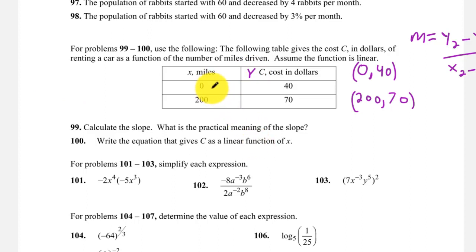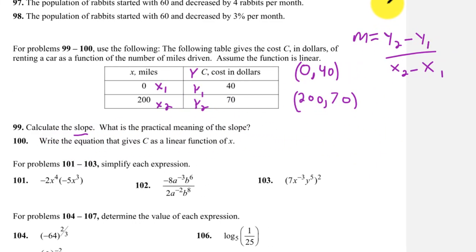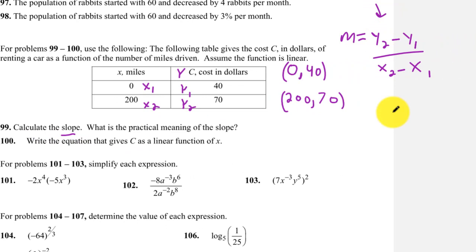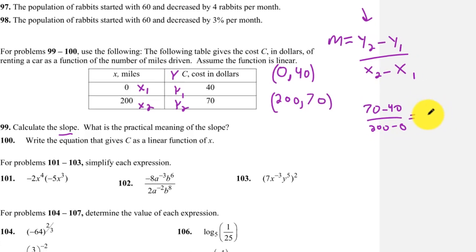And if you think about it, these are like ordered pairs, x1, y1, x2, y2. Right? So the formula for slope, which they're asking for in 99, is y2 minus y1 over x2 minus x1. So I would do something like 70 minus 40 over 200 minus 0.